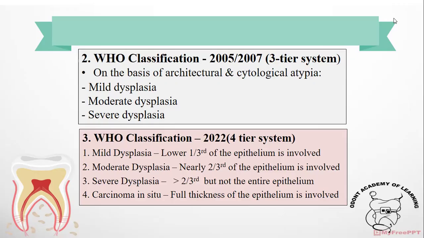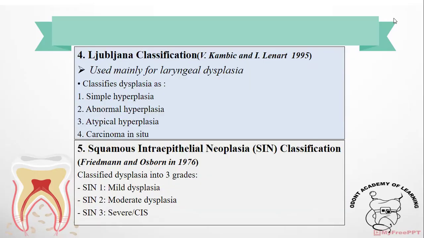Moderate dysplasia means if the dysplastic changes are visible in two-thirds of the epithelium. If dysplastic changes are present in more than two-thirds of the epithelium, but not the entire epithelium, then that will be called severe dysplasia. And if the entire epithelium is involved, then that will be called carcinoma in situ. This carcinoma in situ now progresses into frank carcinoma or well-differentiated squamous cell carcinoma.